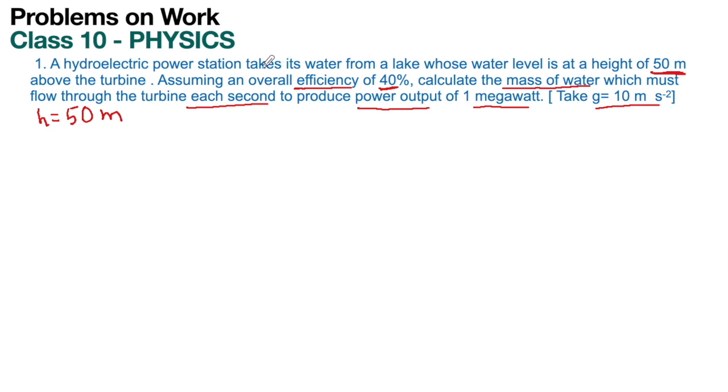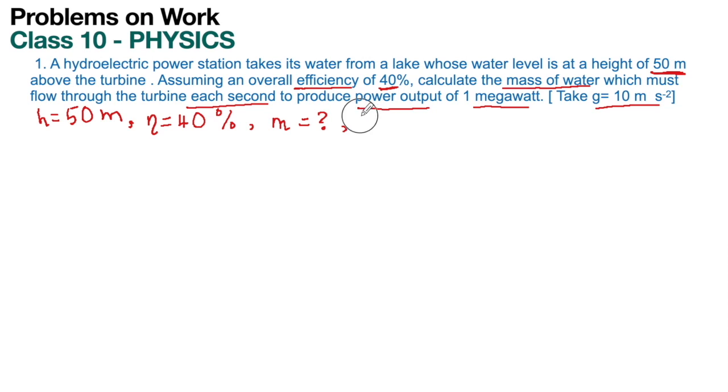Now when you solve any question, first thing you have to do is identify the quantities which are given. So we have efficiency. Now efficiency is denoted by Greek letter eta, which looks kind of like N, isn't it? So this symbol stands for efficiency. I'm writing efficiency is 40%. Calculate the mass of water, which must flow through the turbine each second.